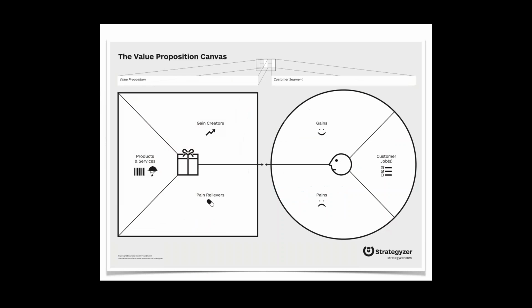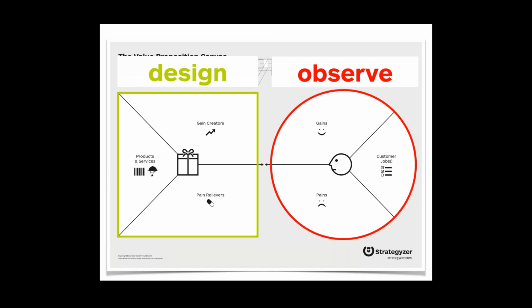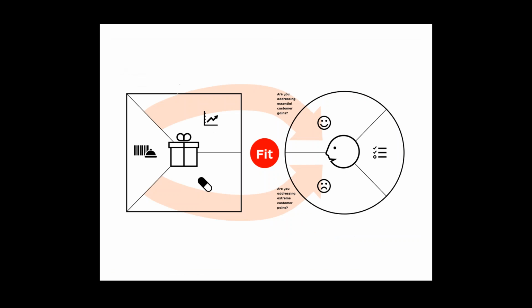Now, we might be able to design a phenomenal value proposition, and we can sketch out a great value proposition canvas even, but we need to remember that we first observe who the customer is before we set out to design a value proposition, okay? And again, it's all about the fit between the value proposition and the customer segment.